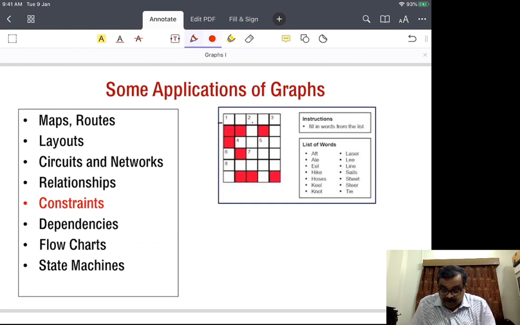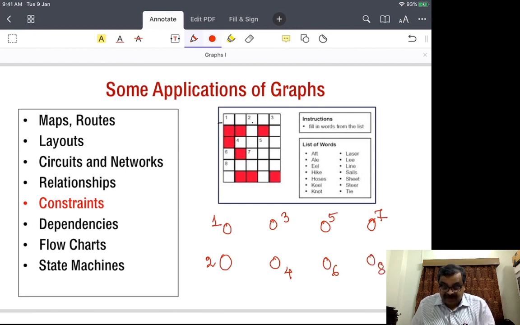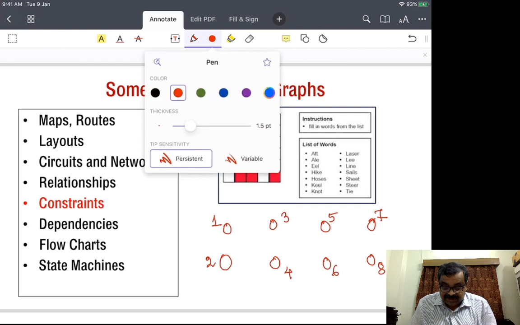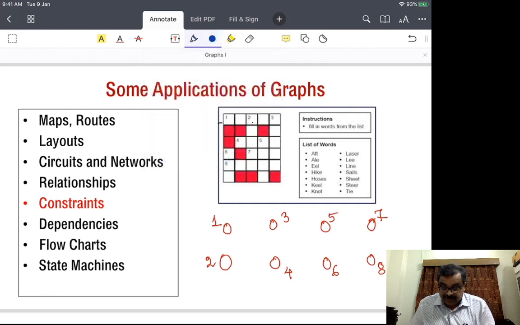So we have got 1, 2, 3, 4, 5, 6, 7, 8. We will draw 8 nodes. 1, 2, 3, 4, 5, 6, 7, and 8. And then we will draw the constraints between the two nodes as follows. 1 and 2 have a constraint because their letters must match.